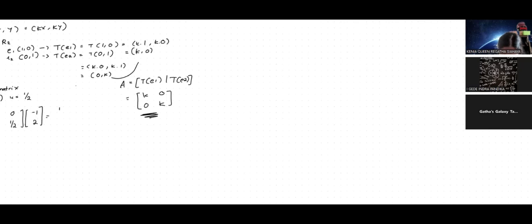Half multiplied by -1 plus 0 multiplied by 2, and 0 multiplied by -1 plus half multiplied by 2. Now this will give us negative half and 1. This is the contraction.